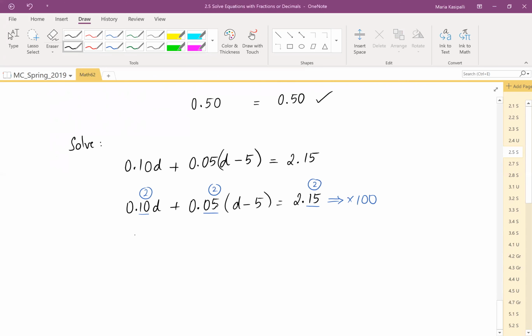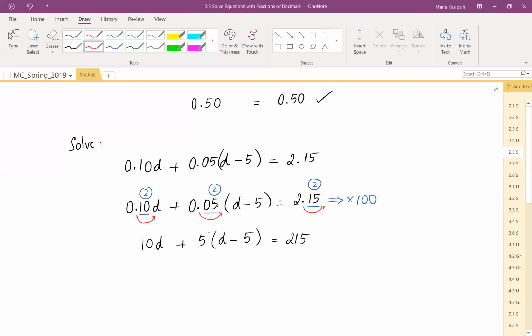Last time I just moved the decimal point by moving the arrow. If you want to use a calculator, that's fine, but that's going to be unnecessarily lengthy. What the calculator does is give you clarity on what answer you get. So this is 10D plus 5 times D minus 5 equals 215.